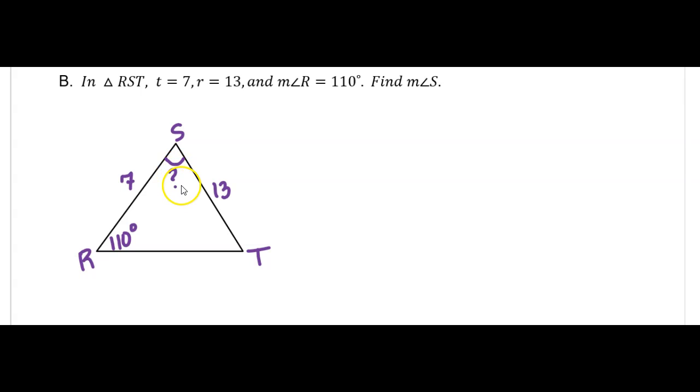What is that angle? Do we know a ratio? Well, yes, we know the sine of 110 over 13 will be equal to, well, isn't this a problem? Because we can't find this angle measure right here because we don't have the opposite side.